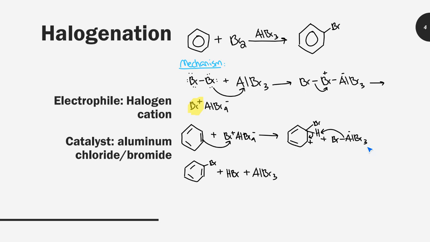What actually happens is this anion, the aluminum-bromine bond, will break and take that hydrogen, which will form HBr and reform our catalyst. Basically the same thing happens where the hydrogen comes off and the bonding electrons reform the double bond, neutralize the positive charge, and give you your substituted benzene.